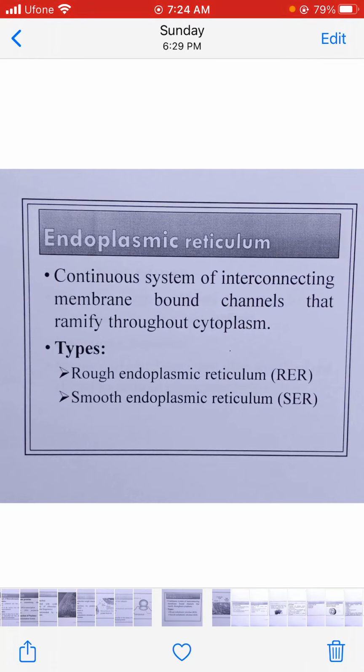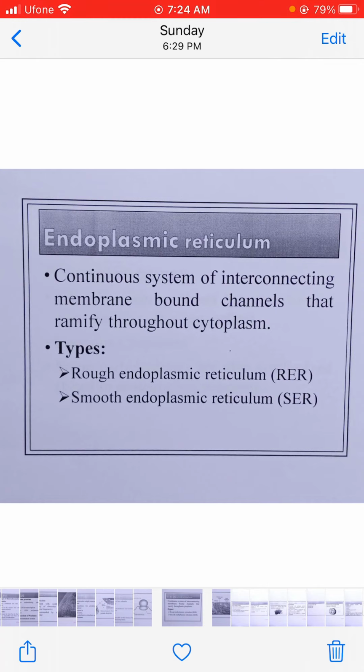Then coming towards another structure, which is known as the endoplasmic reticulum. It is a continuous system of interconnected membrane-bound channels. You can relate these channels to the channels that go out from rivers.